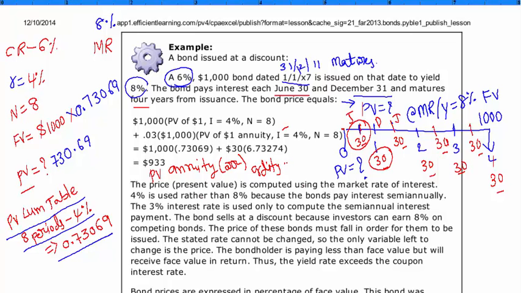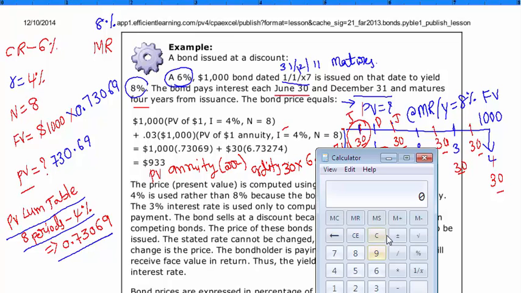That is 30 into 6.73274. Then multiply. So see the calculator here, 6.73274 into $30. So how much? $201.9.